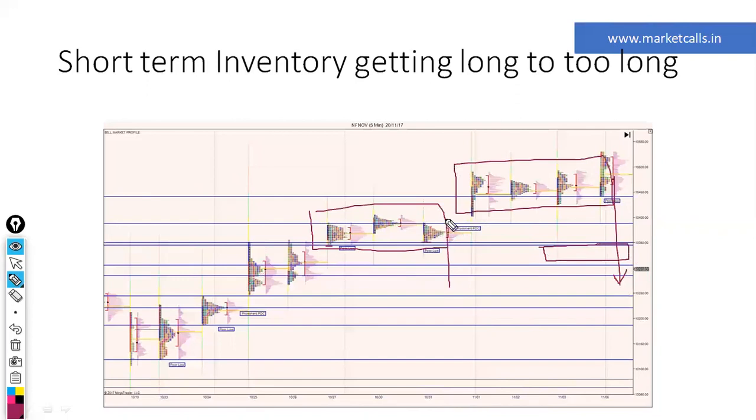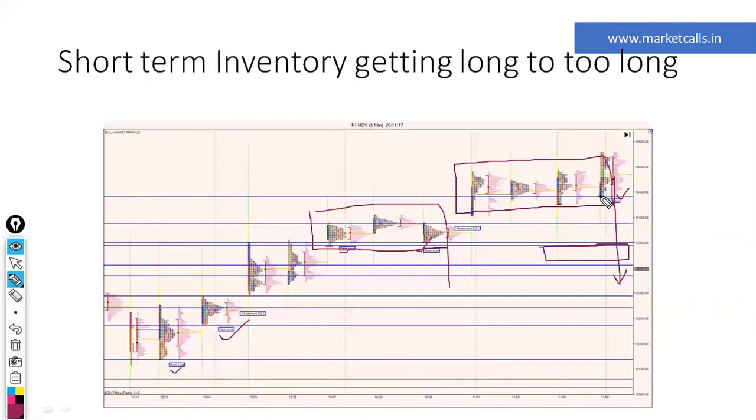Right? Maybe this is one of the thresholds where the market could go and revisit, because one of the things is that there are 4 poor lows in a row. 1, 2, 3, 4, 4 and 5. In fact, 5 poor lows and one more. This is also an AB poor low. This is also an AB poor low. So a total of 6 poor lows in a row is an indication that the inventory is dangerously long, too long. All those 6 poor lows are uncleared poor lows.